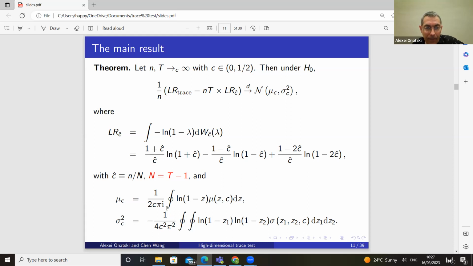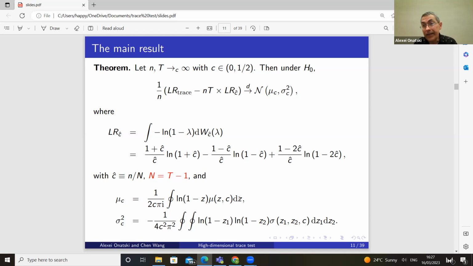This integral takes the logarithm of 1 minus z and multiplies by some functions, mu and sigma, which I derive explicitly later in the paper. But you cannot analytically say what this mu c and sigma squared c are. You need to switch on your computer and compute things, just evaluating the integral numerically.